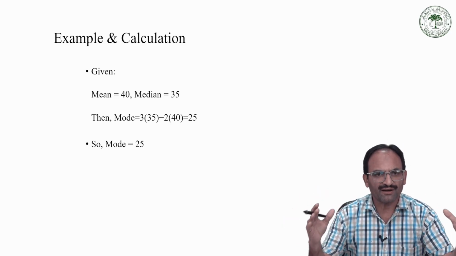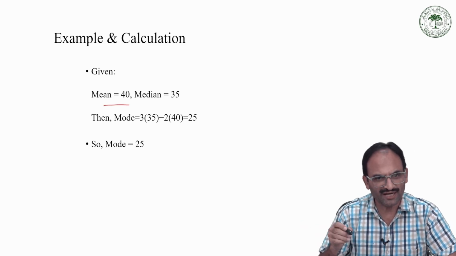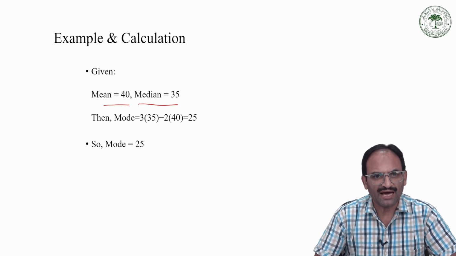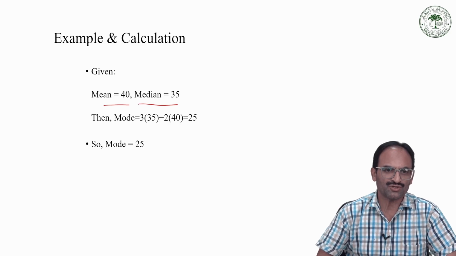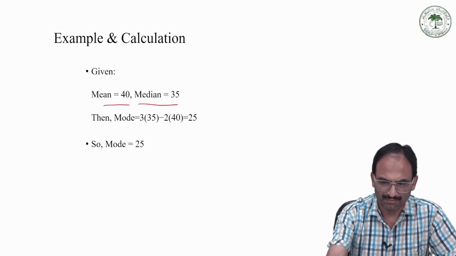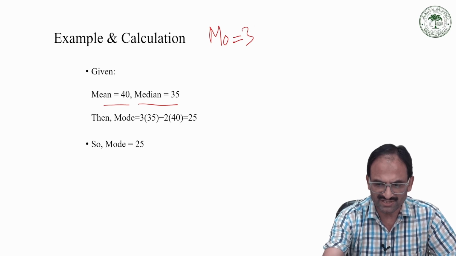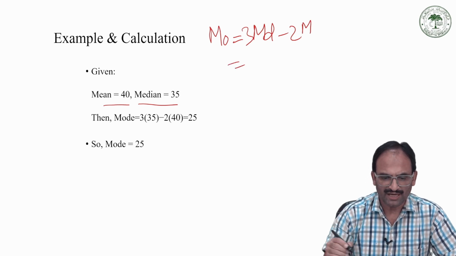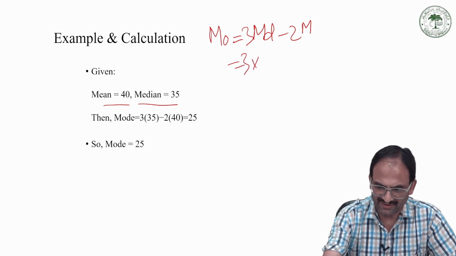So I have taken one example in which mean is given as 40, median is given as 35 and you are supposed to calculate mode. So what to do? Mode, remember the formula, mode is equal to 3 median minus 2 mean. So in this case, median has been given as 35.